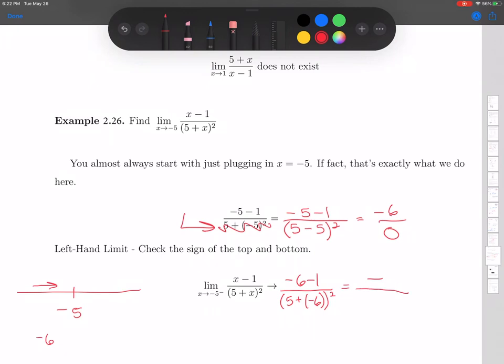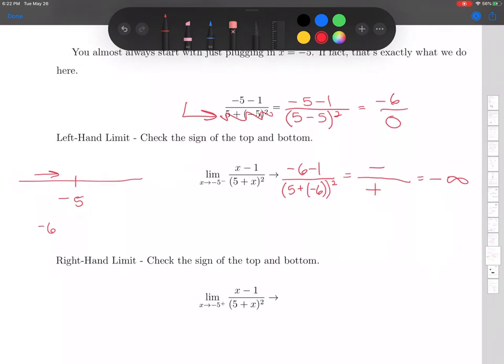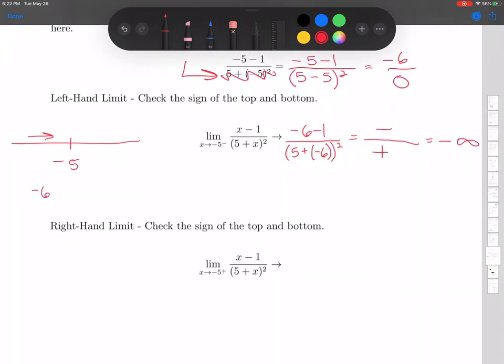No matter what's going on in the bottom, you're always going to square it, so it's always going to be a positive outcome. So really what we have here is negative divided by positive, which means we have negative infinity here. Remember, when you ever have a finite number divided by 0, your outcome is either negative infinity, positive infinity, or it doesn't exist. So now we've taken steps to figure out which of the three it is for this one, and it's negative infinity.